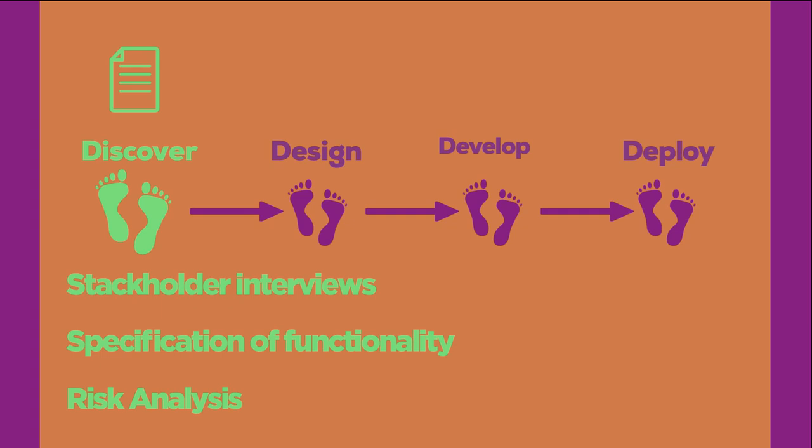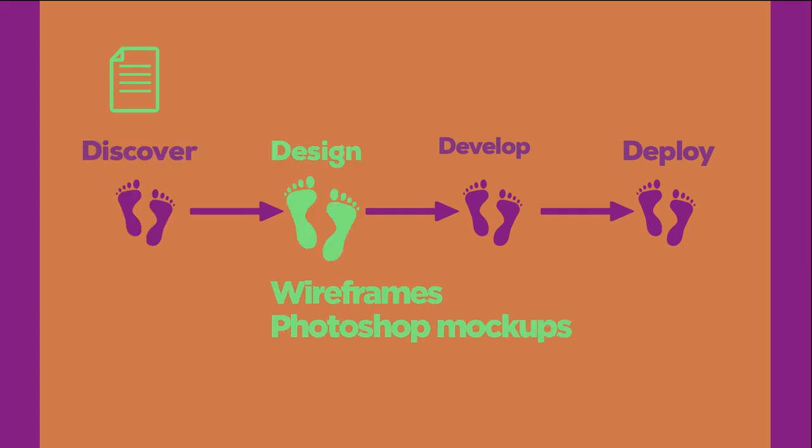After that, when we have a basic idea of what we are doing, we go to the design stage, where we start to produce wireframes, for example, and Photoshop mockups. We're going to talk about them a bit later. This is a very important stage because this is where we start really thinking about what we are going to do in this typical process.